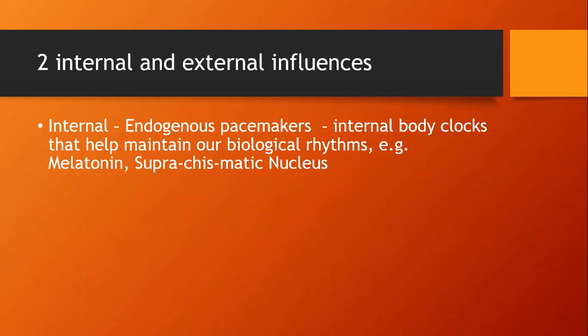And this will help with the sleep-wake cycle, but we'll look at those more. And there's also another one you might have used, and I've broken it down so you can see how to pronounce it: suprachiasmatic nucleus. These are all internal, inside, so we call them endogenous pacemakers. They help our biological rhythms keep pace.